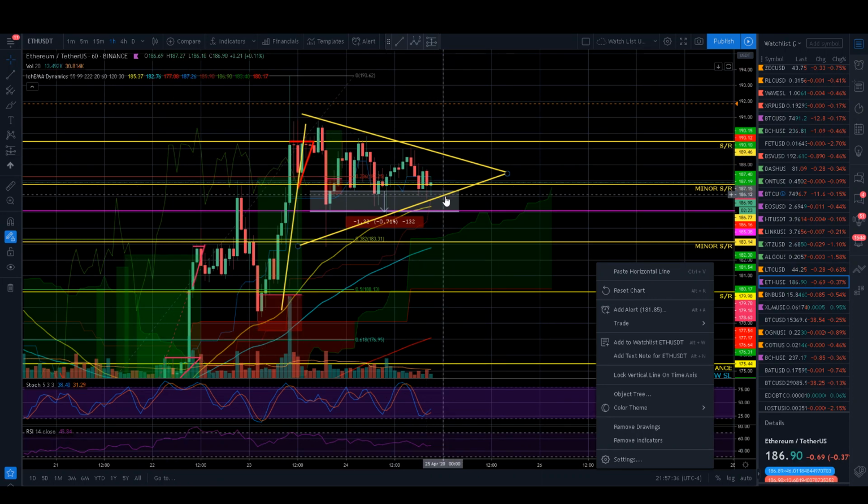But the further we get into that apex, the more likely it is we're going to get a move sooner rather than later. Much like with ascending triangles and descending triangles, it's usually within the second 2/3 of the triangle formation that you get that move, but it's not guaranteed. And I personally, I know the numbers say that, and that's what the statistical probabilities are based on the data.